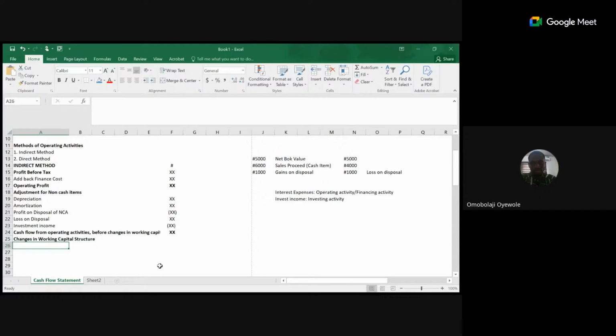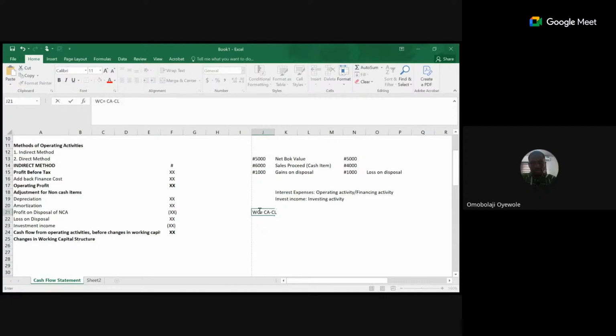Remember, our working capital is current assets minus current liabilities. That's the money we have left to run the day-to-day activities of the business. After we have financed the business and made investment decisions, we need money left.